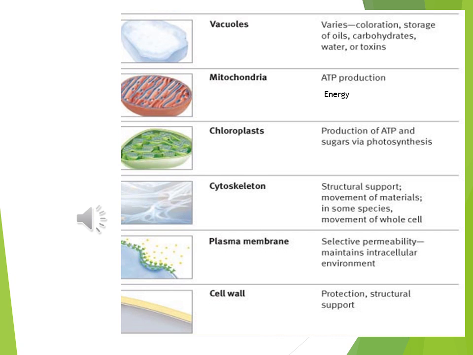Other organelles with their functions are vacuoles, varied coloration, storage of oils, carbohydrates, water, or toxins; mitochondria, ATP production, energy production; the chloroplasts, production of ATP and sugars via photosynthesis; cytoskeleton, structural support, movement of materials, in some species movement of the whole cell; plasma membrane, selective permeability, maintains intracellular environment; and the cell wall, protection and structural support.